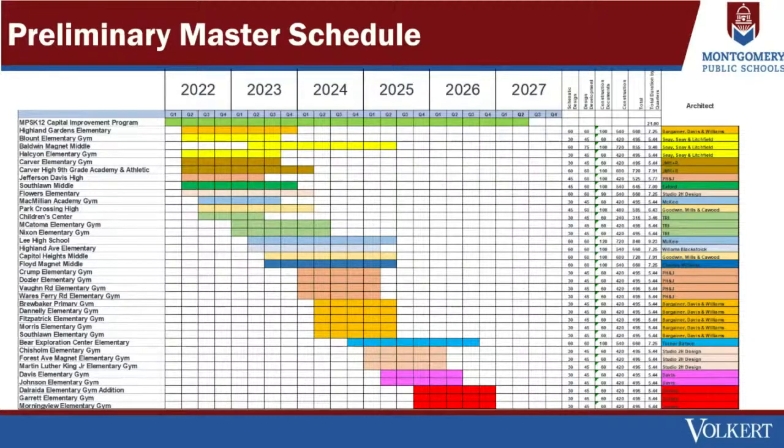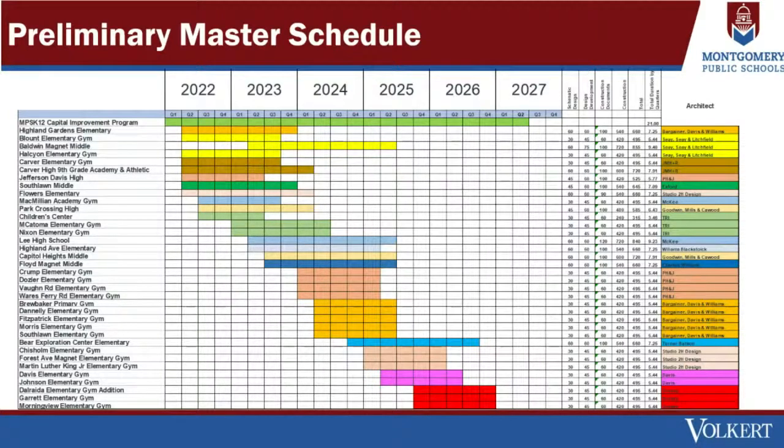To the far right it's broken down into the schematic design, design development, and construction document phases, which are the three main phases of design, in days, and then finally the construction, and the total duration by quarter.